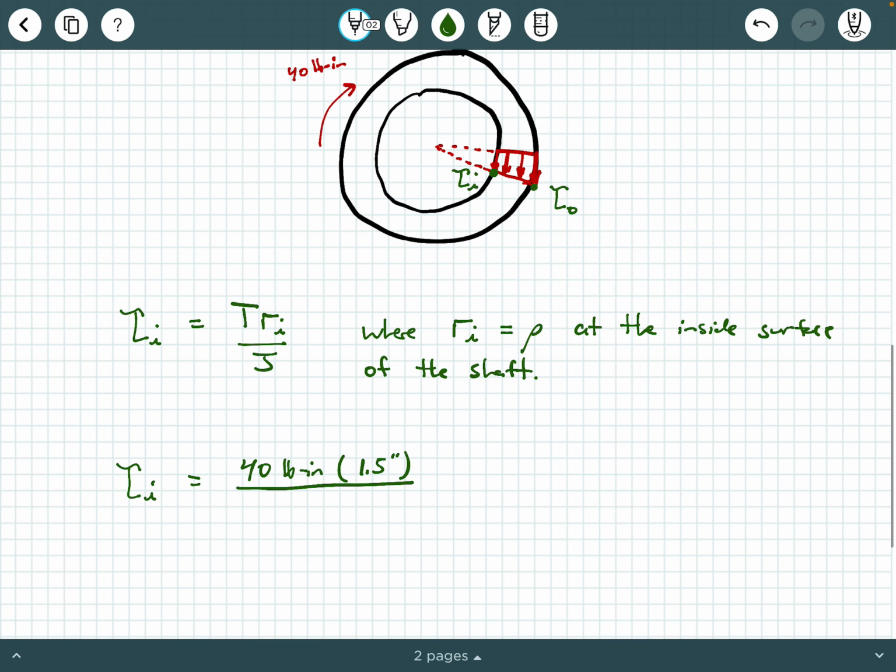And then we're going to divide that by 17.18 inches to the fourth. And so we're going to calculate this as 40 times 1.5 divided by 17.18. And we get 3.49 psi, okay?